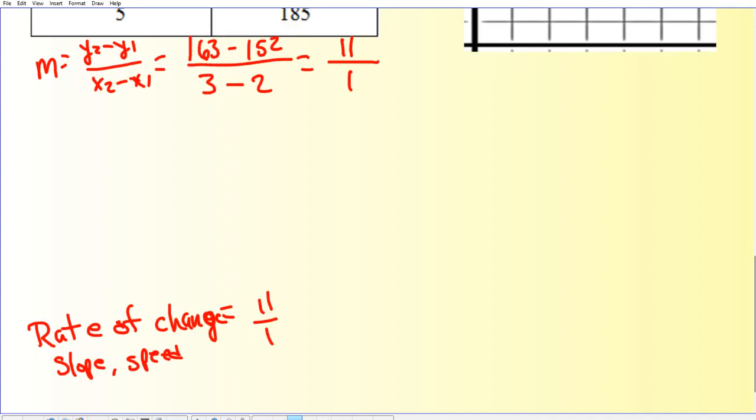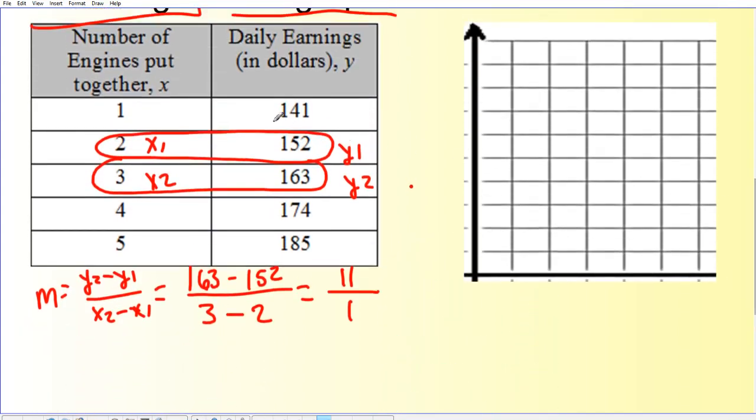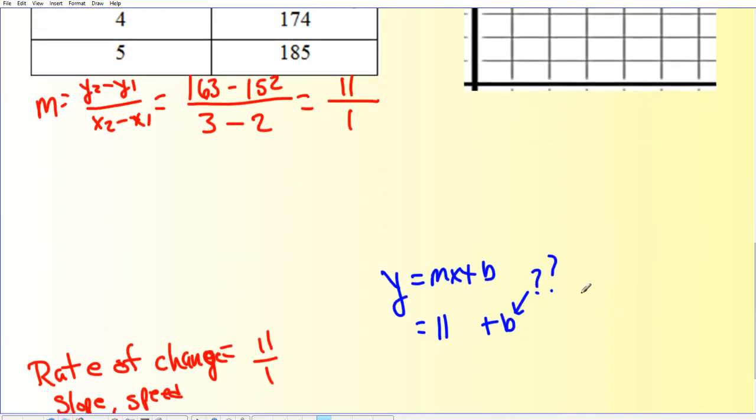I hope you remember doing this. So, remember if we had a formula and we found the slope. Do you remember how we can find this guy? We took one of our points and we plugged it in for x and y.